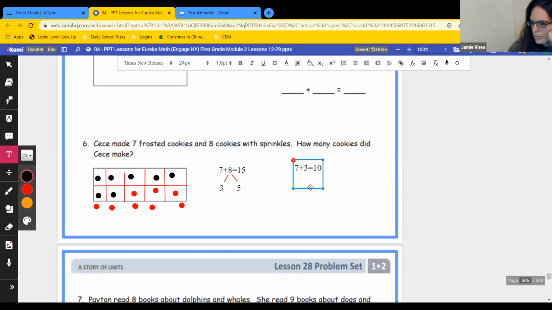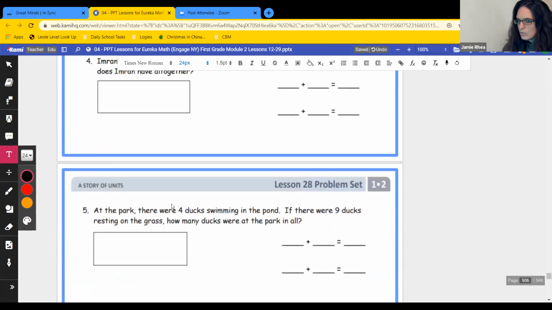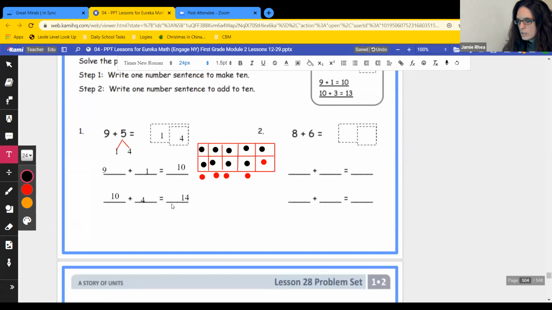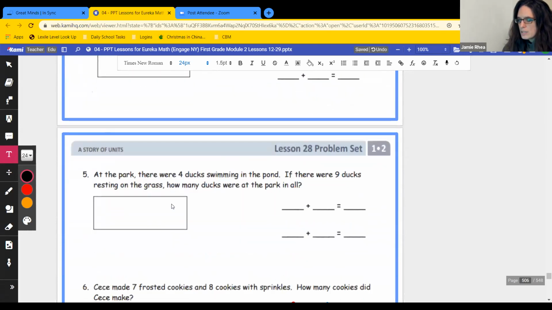Then we could say that 10 plus 5 outside of the frame here equals 15. So how many cookies did Cece make all together? She made 15 cookies.